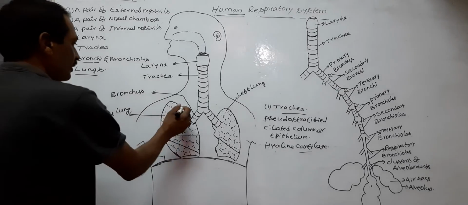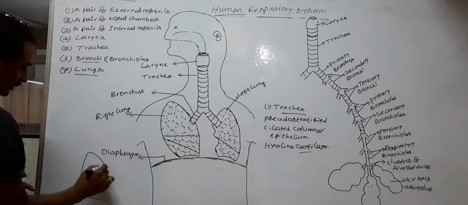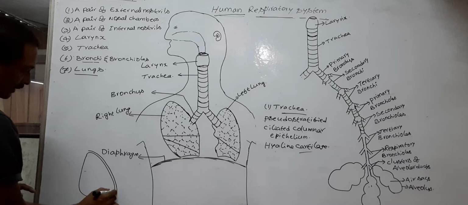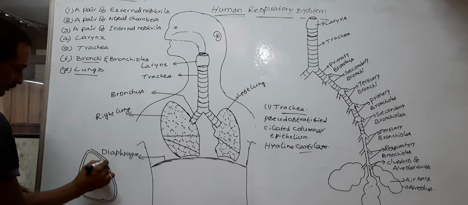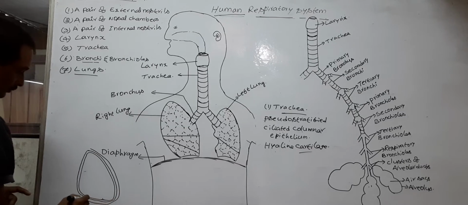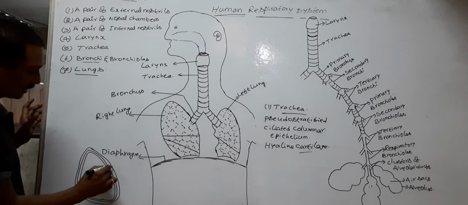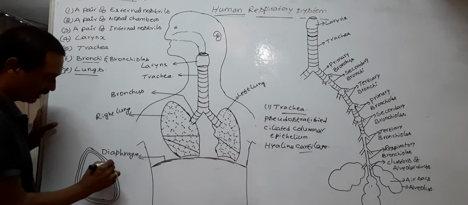For example, this is the lung. The lung is covered by a double layered peritoneum. The outer layer of the double layered peritoneum is called pleura.